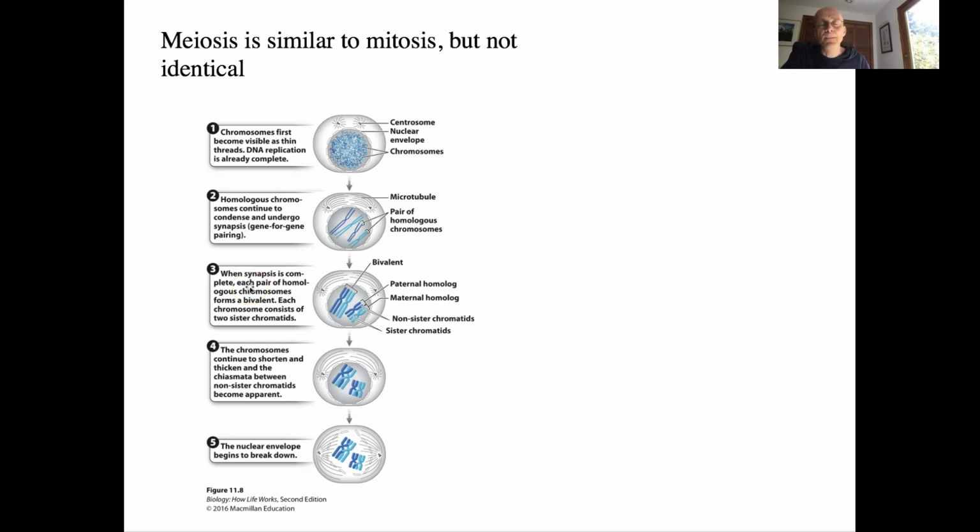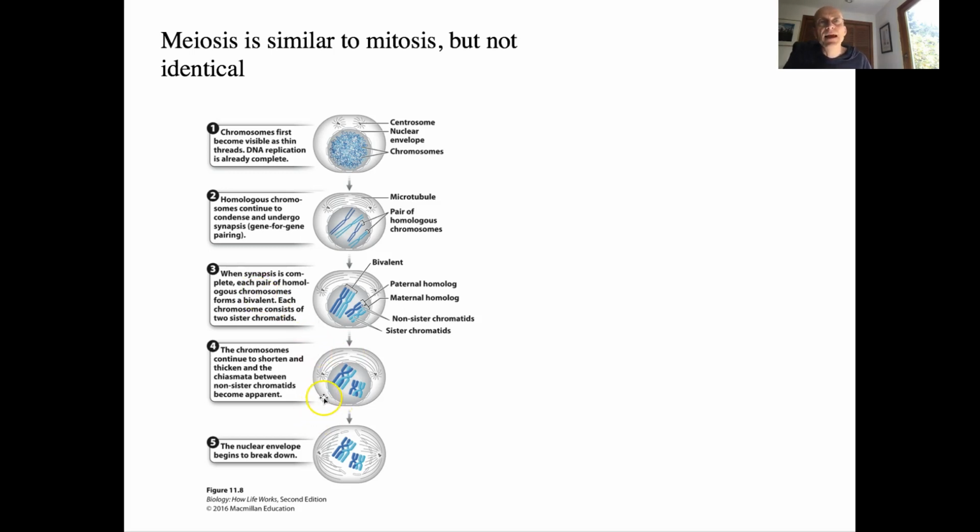Synapsis is that they're pairing, gene for gene pairing it's called here. So that means that they are aligning along the genes on their chromosomes next to each other so that one gene, the same kind of gene on one of the homologs, sits right next to the same gene, even though it can be slightly different, of the other homologous chromosomes.